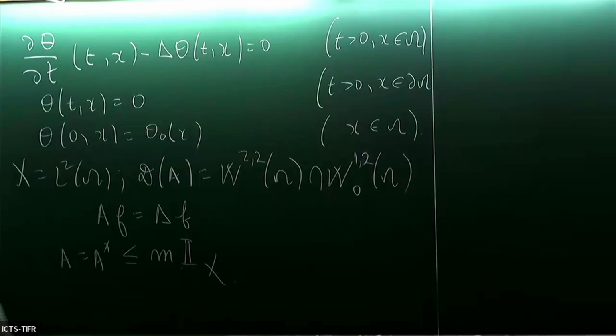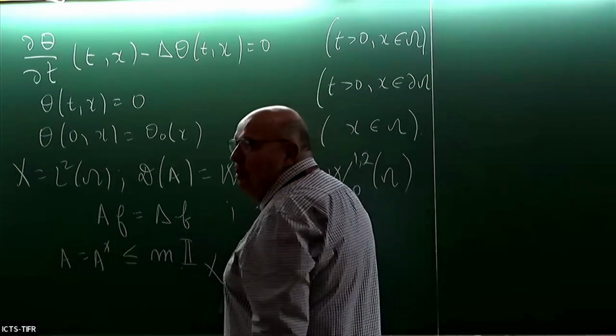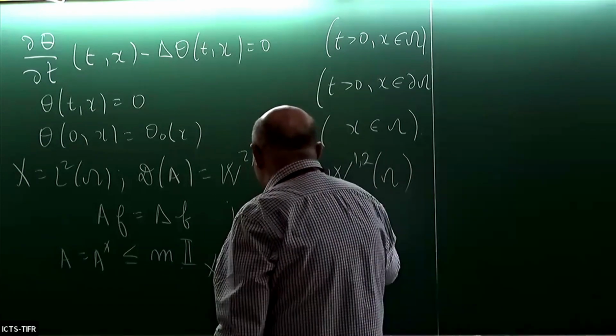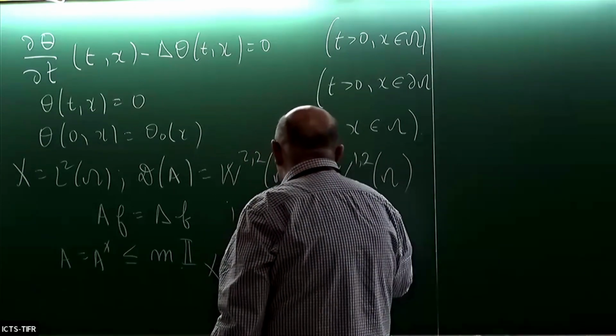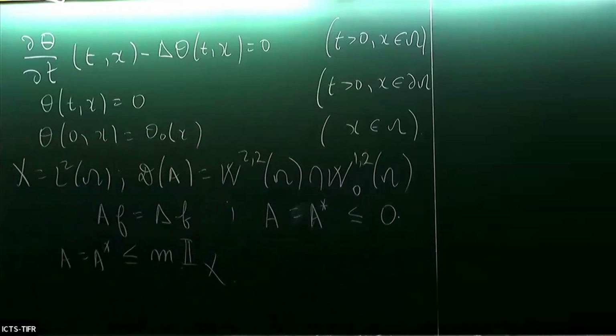This is how I realized my error. This operator A is self-adjoint and negative, even if omega is not bounded. It will not be strictly negative, but it will be negative. This is the typical self-adjoint example.